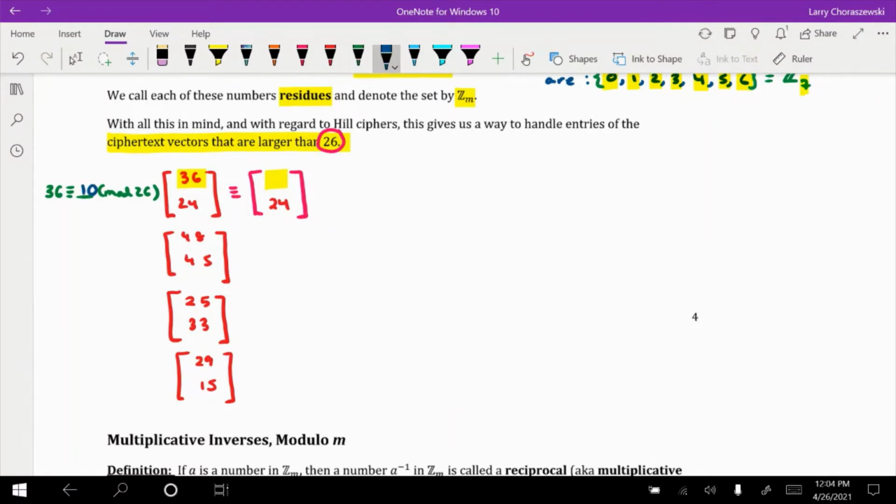How about 10? What do you guys think about that? Is 36 congruent to 10 mod 26? Yeah, I think, yep, you're right. Because if we did 36 minus 10, we get 26. So instead of using 36, we could reduce it modulo 26 and get 10.